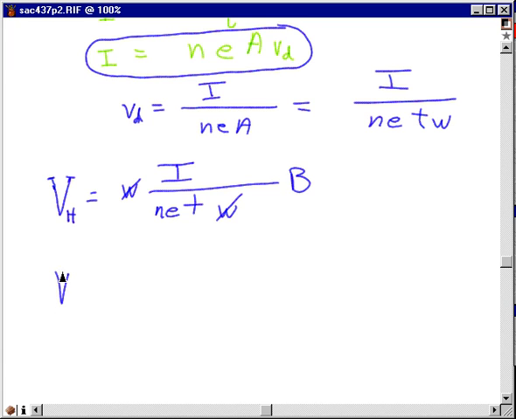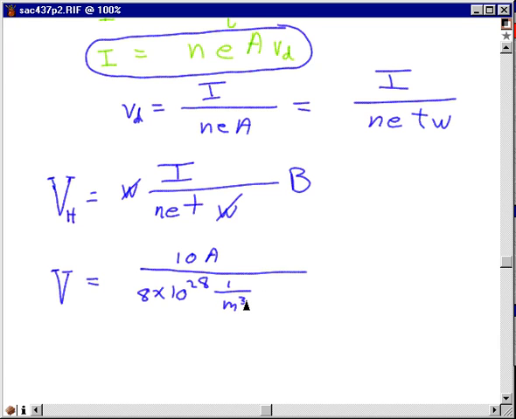So we got V sub H is equal to 10 amperes divided by our 8 times 10 to the 28 particles per meter cubed.